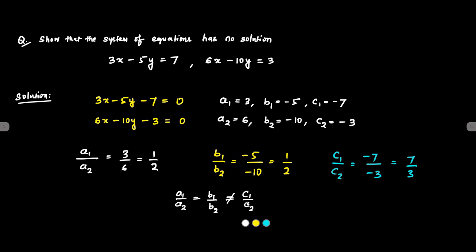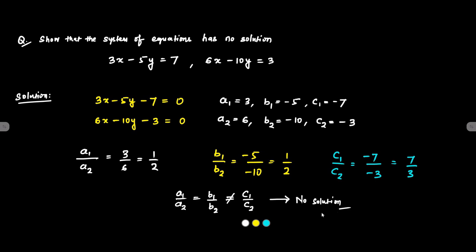If you remember in the conditions for solvability discussion, if the ratio of the coefficient of x is equal to the ratio of the coefficient of y, but it is not equal to the ratio of the constants C1 by C2, then the pair of linear equations in two variables has no solution.